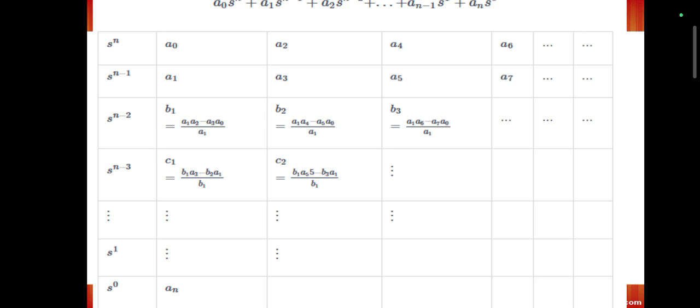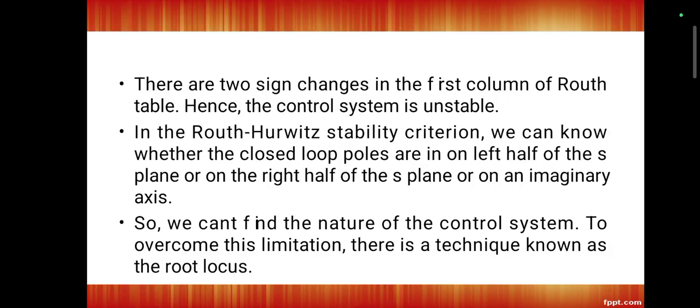Similarly, c1, c2, b2, b3, all the coefficients are calculated with this condition. After calculating this, we can identify the sign changes. If there are sign changes in the first column of the RH table, then the control system is unstable.